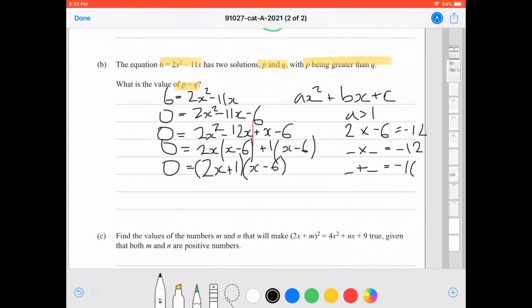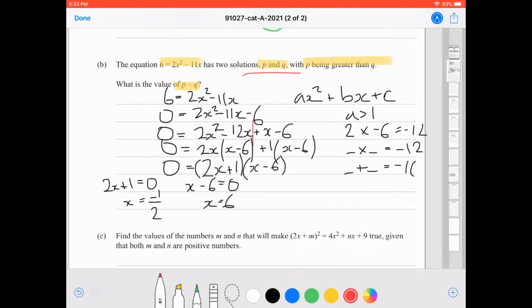Okay, so solving for x, 2x plus 1 equals 0, and therefore x equals minus 1 over 2. And x minus 6 equals 0. So x must equal 6. Okay, so we've got our two values for x, and indeed they are our two solutions, p and q.